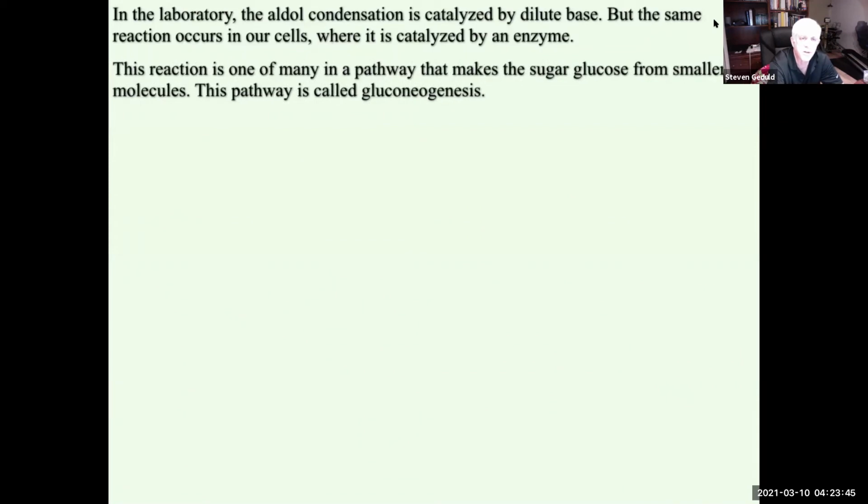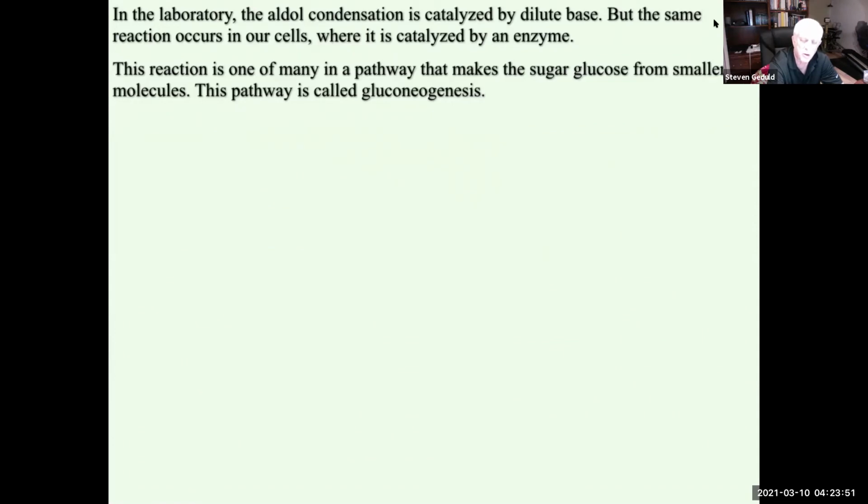So in the laboratory, aldol condensation is catalyzed by a dilute base, but the same reaction occurs in your cells in the body when it's catalyzed by an enzyme. So we're going to be seeing a lot of these reactions when we do biochemistry in the next couple of chapters. One of the pathways makes the sugar glucose from smaller molecules.